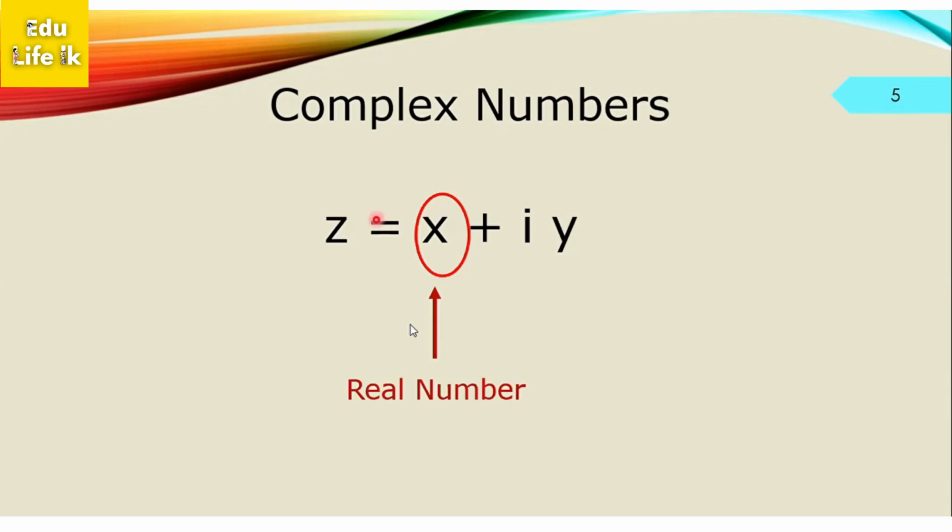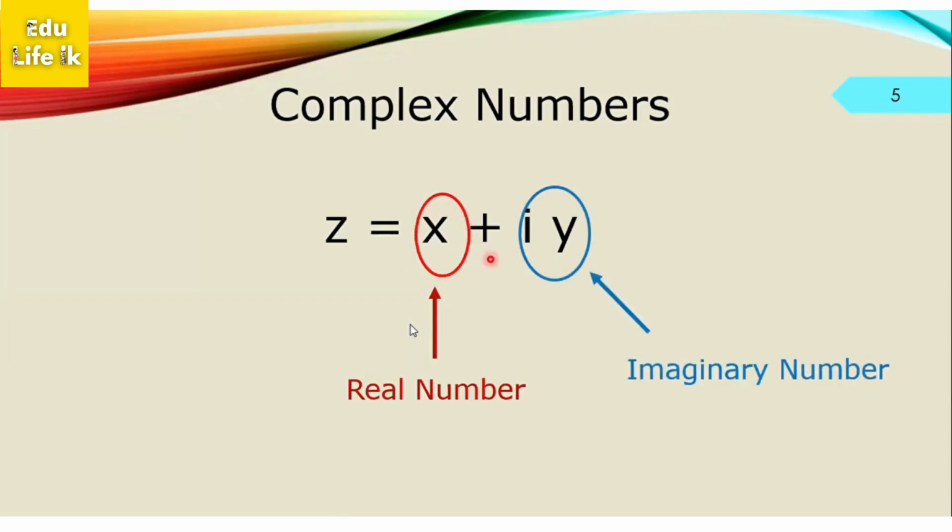Here it says Z equals X plus I times Y. Here X is our real number. Maybe 1, 2, 3, 4, 0.7, 0.6, 1 upon 2, 5, any real number. X can be any real number.